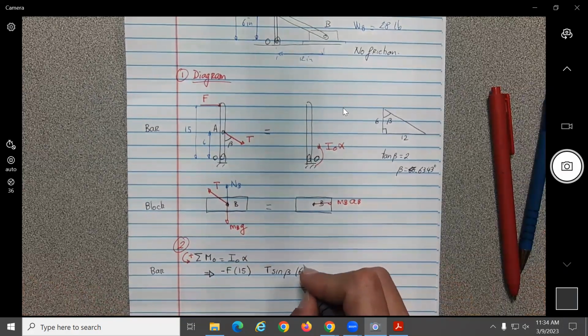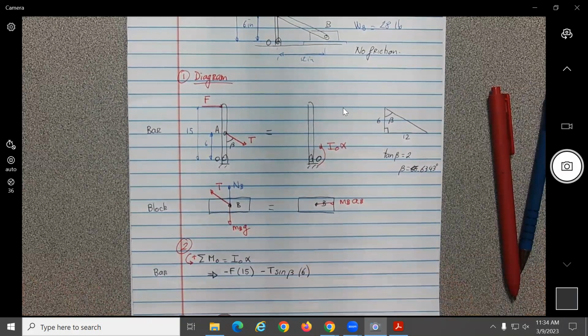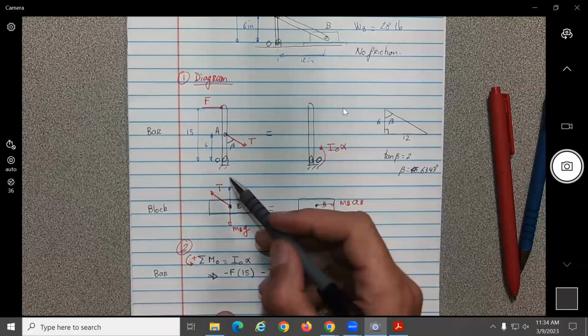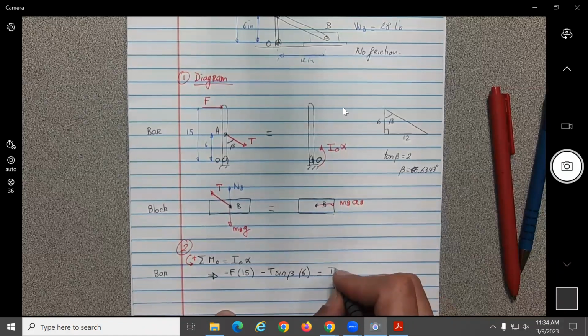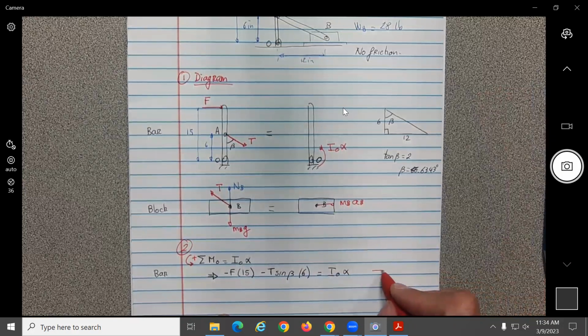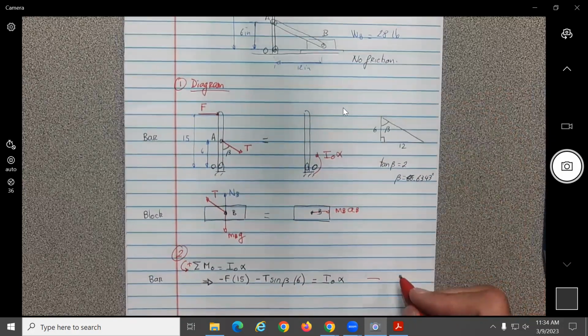Now, does this one create a clockwise or counterclockwise moment? Clockwise. So it should be negative again. That's it, no? If you add the reactions here, they will also give 0 moment. All right, and this should be equal to what? I_O alpha. Correct. I_O is given to us, 0.12. So this should be our equation 1.